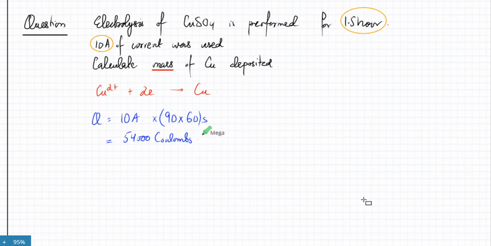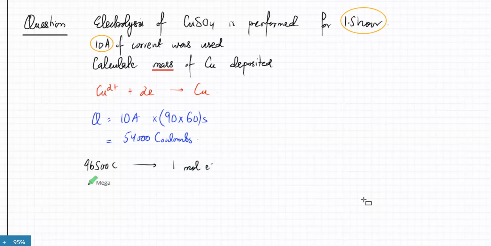So what can I do with that? I can convert that into moles. Why? Because I know that 96,500 coulombs of charge is equal to 1 mole of electrons.